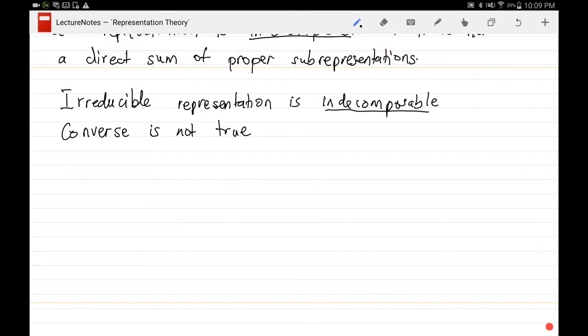Now, in the simple cases that we deal with, for example, in your undergraduate career, and especially for any sort of group that you might meet as, let's say, a physicist, the notions of irreducibility and indecomposable coincide. You need to be pretty advanced before these distinctions begin to make much of a difference.